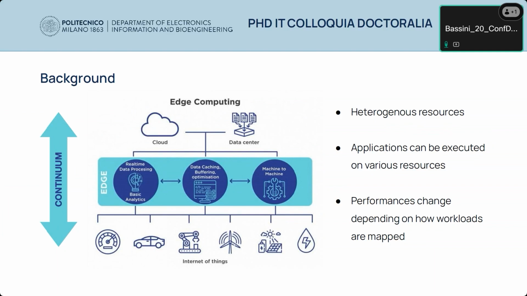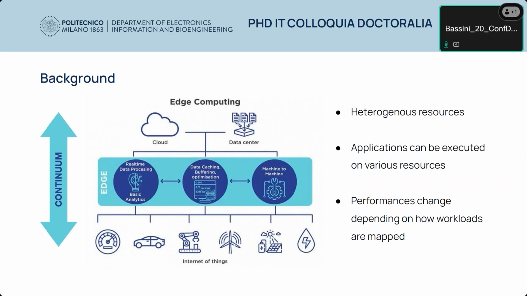For example, Internet of Things devices usually have low power consumption, but also low power. As opposed to virtual machines in the cloud that might have much more computing power, but we need to send data back to the cloud, and so we pay for that computing power in terms of latency of transmission.